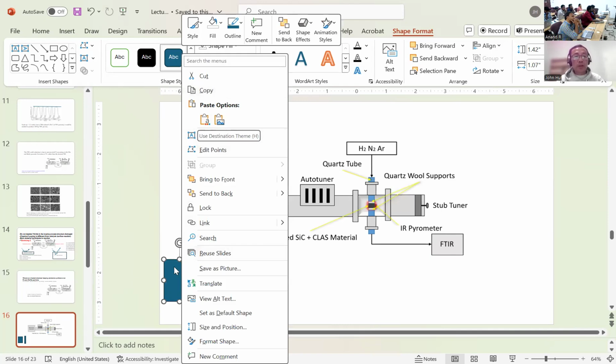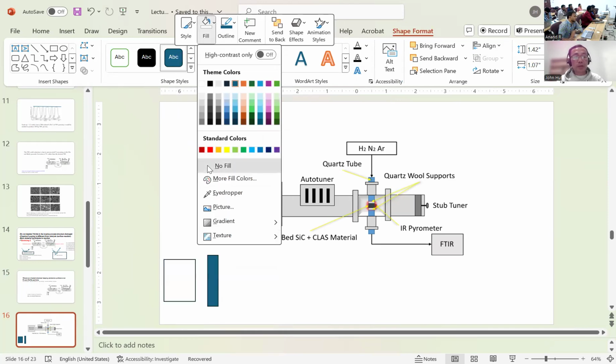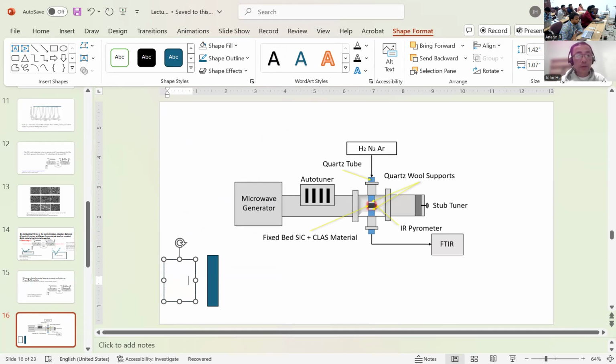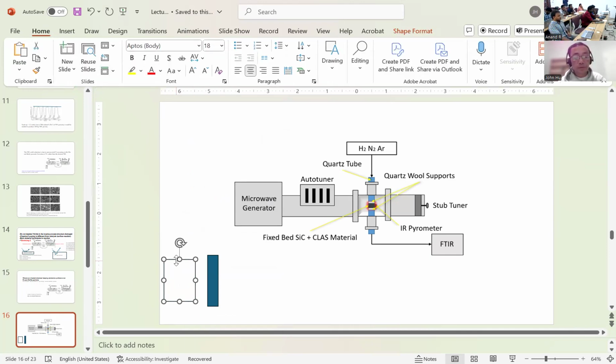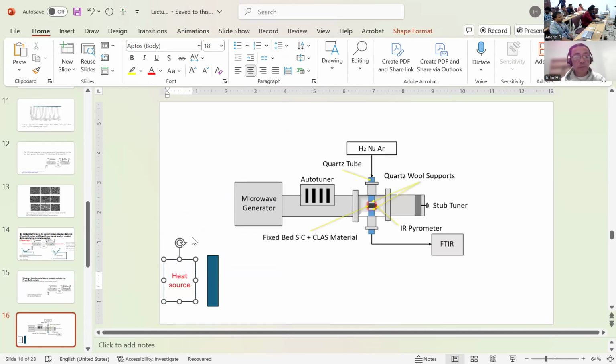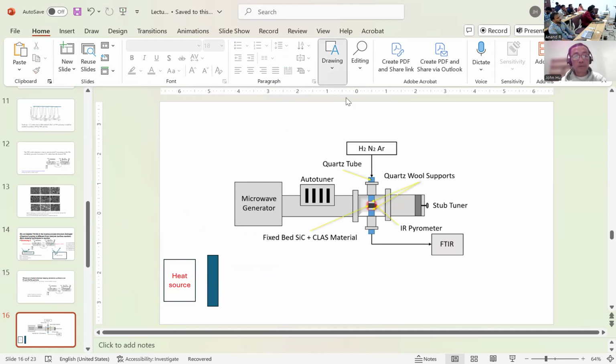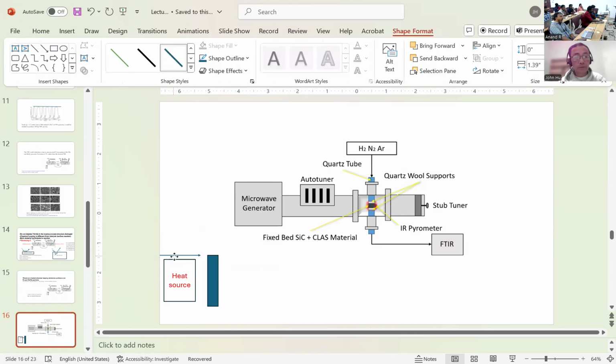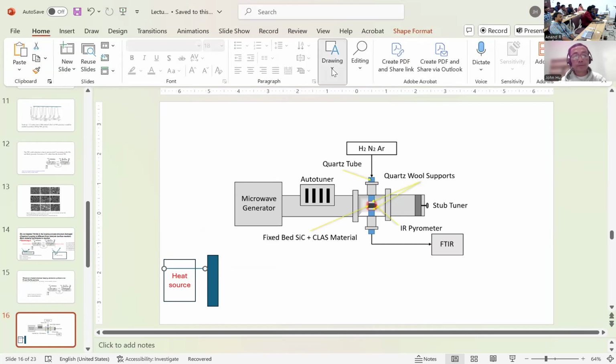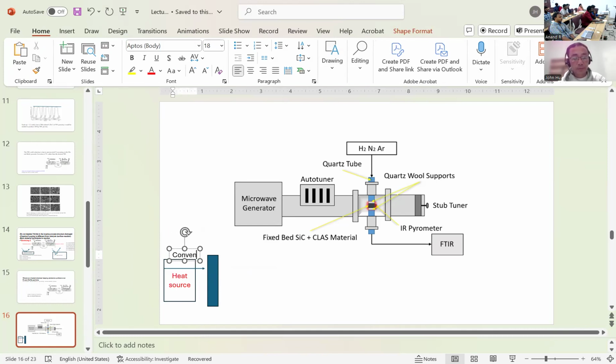I'm going to quickly draw the differences between the microwave heating and conventional heating.